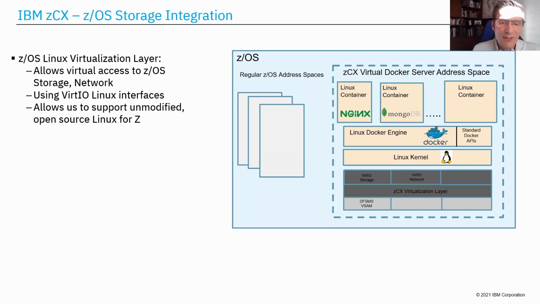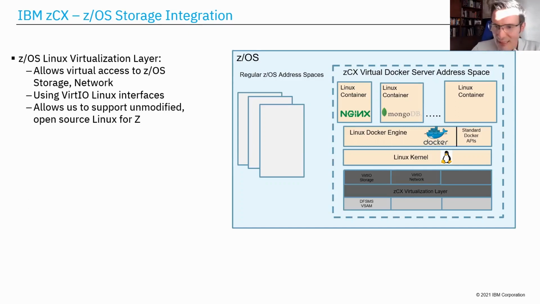VirtIO devices, you can think of almost like device drivers. Whenever you write data to the storage device, it goes through the VirtIO storage and the ZCX virtualization layer, which is part of zOS, and eventually goes into VSAM. So basically, all those Linux calls are made as VSAM calls.